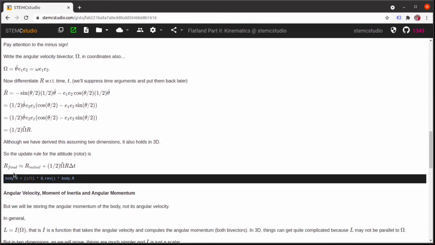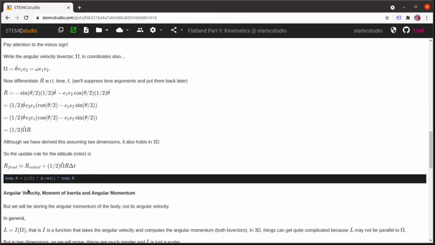So we get to our update rule, and our update rule is that the final rotor position is the initial plus r dot times dt, or delta t in this case, because it's a finite amount, and we just substitute in our expression half omega tilde r, and that gives us the update rule for our attitude when the body has an angular velocity omega.